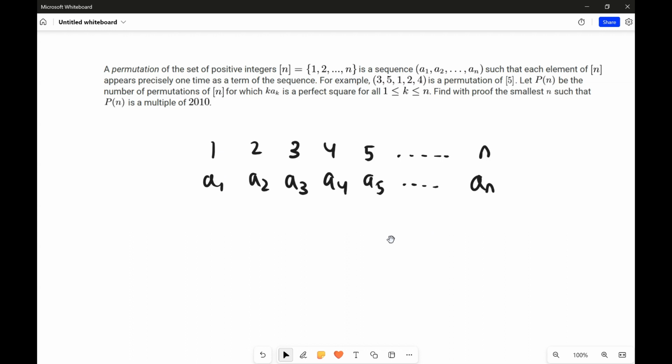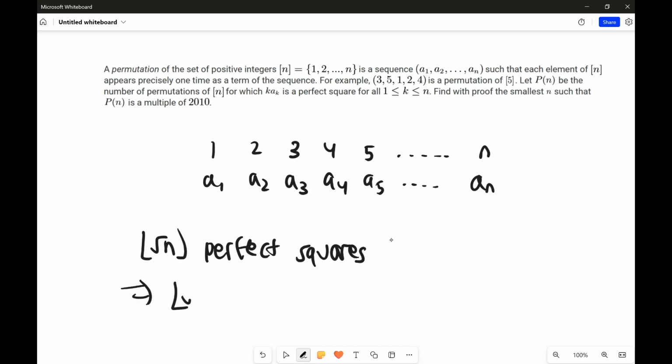So all the perfect squares permute to each other: 1, 4, 9, 16, etc. map to a1, a4, a9, a16, and so on. There are floor of square root n perfect squares, so there are floor(√n) factorial ways to deal with the perfect squares.